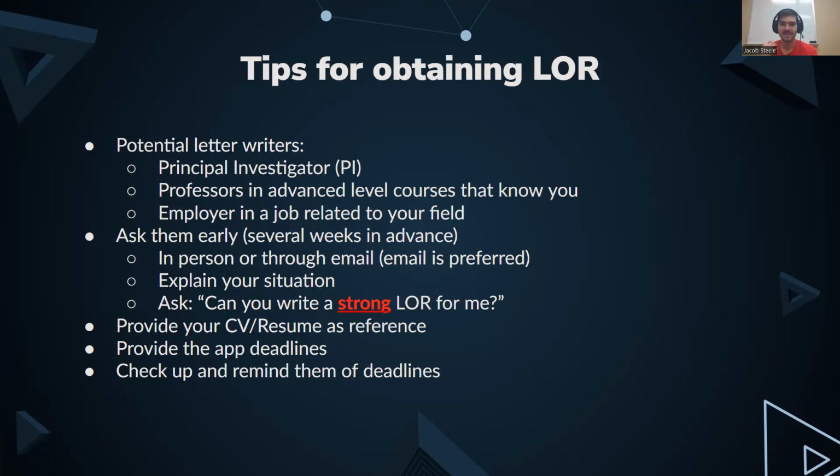So let's say you worked in a lab, you were paid to work in that lab, and they're able to comment on your lab experience. Obviously, this is a lab example, but it could be any example. If you're a math major, anywhere you're having to use advanced mathematics in a job, you can also ask your boss for a letter.